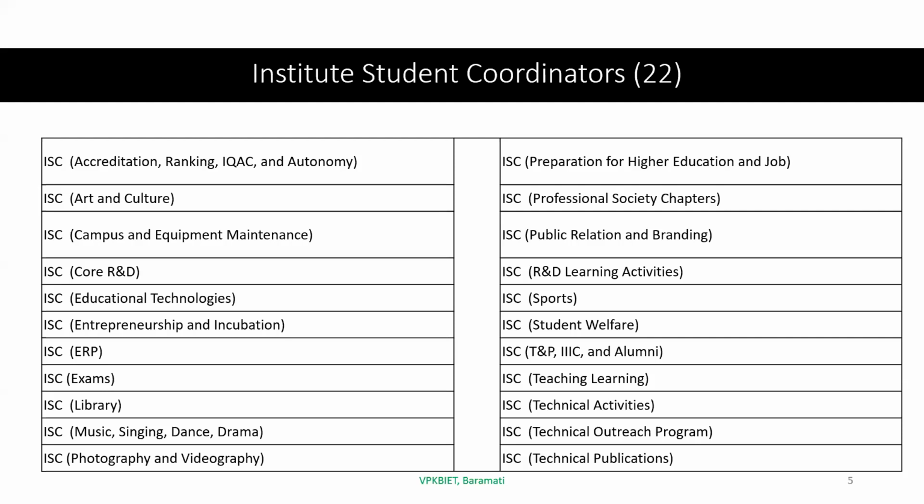It was my observation that whatever we are doing at the central level, the institute level, probably doesn't percolate very properly to the department because there is no one-to-one coordination between the coordinators in the department and the center.